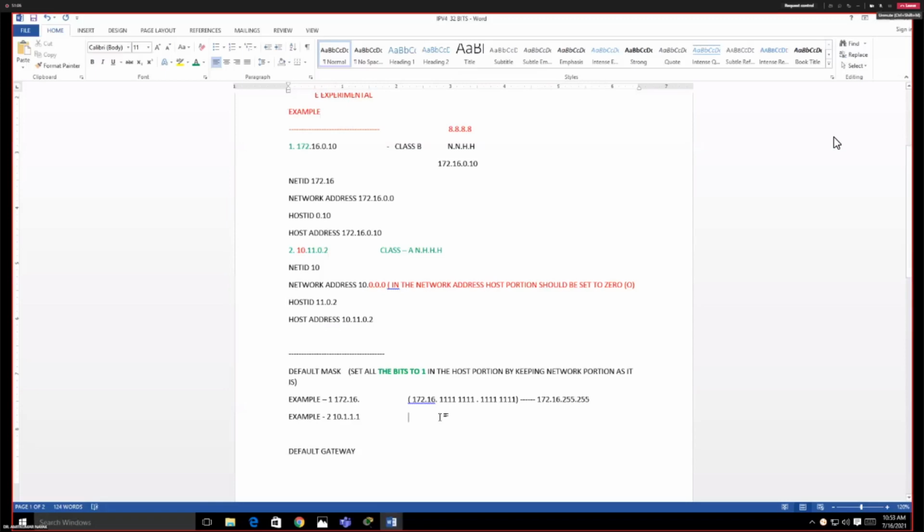The answer of example number 1 is 172.16.255.255, and the answer of example number 2 is 10.255.255.255. So do you have any query in default mask? No, sir.